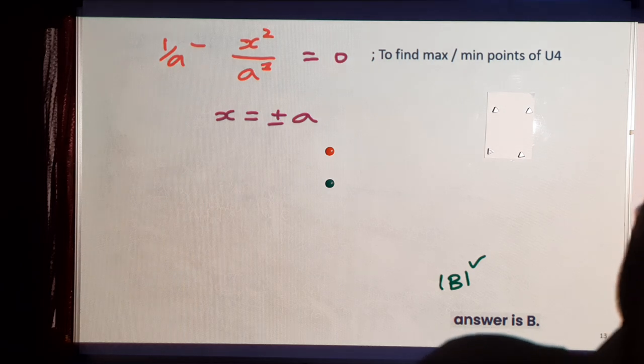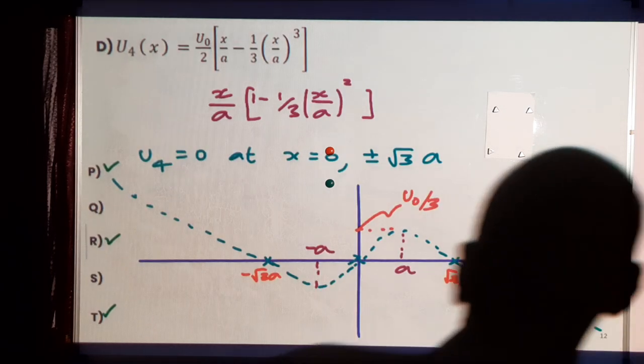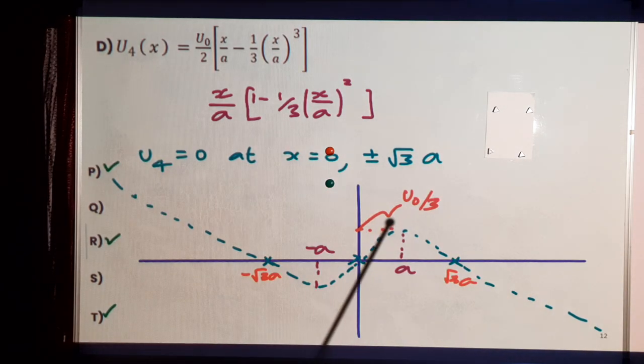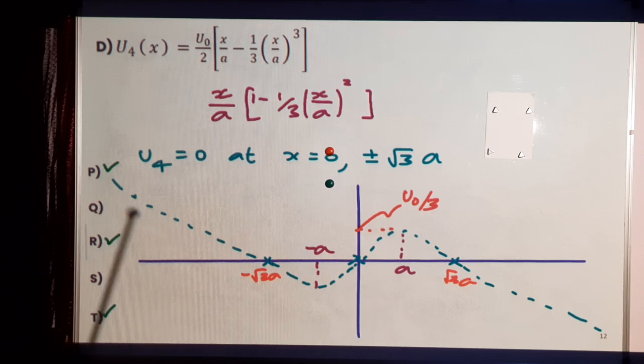So this will be x equal to plus or minus a. At plus a and minus a, the derivative is 0. So one is a maximum point, another one is a minimum point. So the force is 0 at minus a and plus a. So statements P and R are true. And force is not 0 at the origin. So Q is false. Yes, there is no attractive force towards the origin.